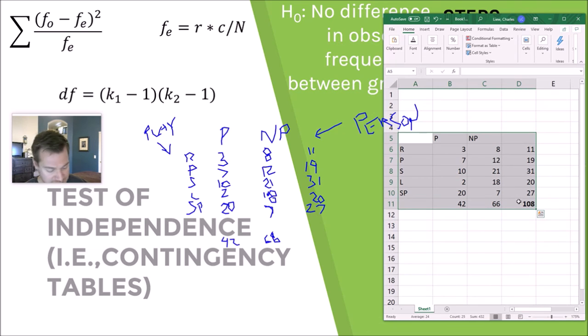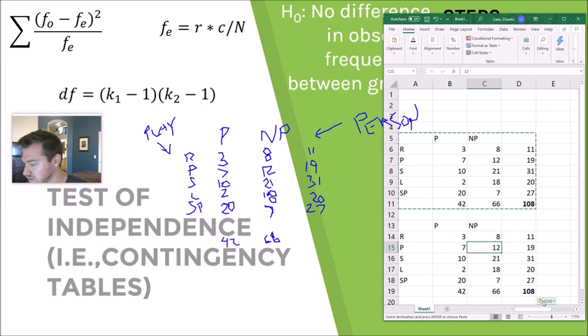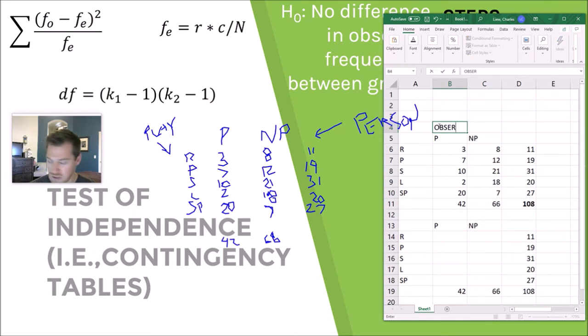Now, I'm going to take this and make another table down here. And what we're going to do is paste all the values, and I'm going to leave all the totals, and I'm going to remove the cell values. So this was our observed table. Now down here, we're going to get our expected table, and that is what would we have expected to happen if physicists and non-physicists have no differences in the plays they make, okay?